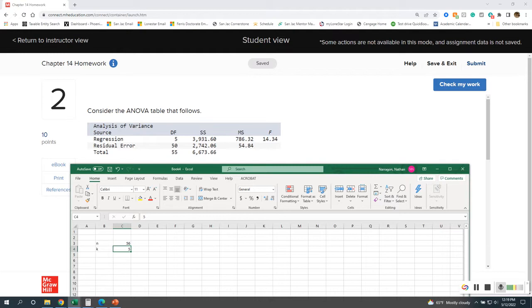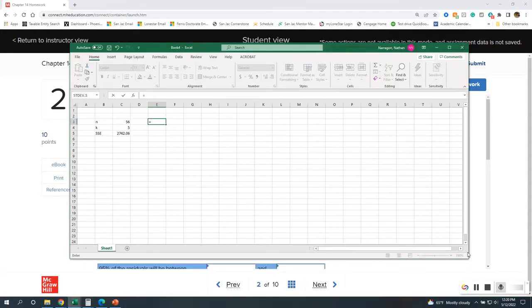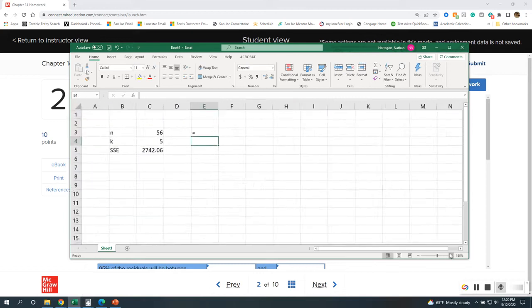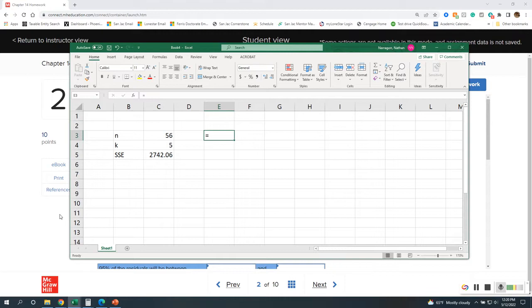Okay, and then SSE. Might be pressing it in the calculator wrong. SSE, which happens to be 274206. Okay, so the formula equals, again we're going to zoom in so I can actually see.